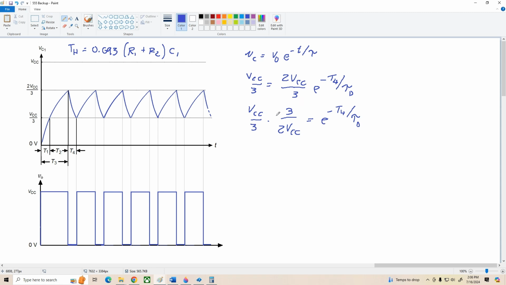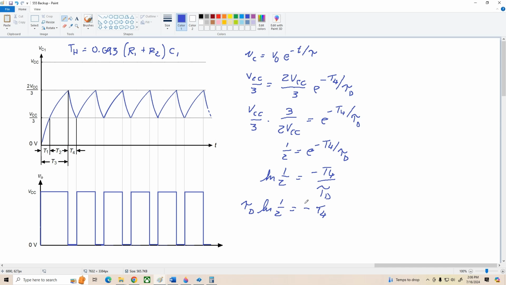All right, now we're going to cancel the 3's and the VCC, and that gives us 1/2 equals e to the negative t4 over the discharge time constant. Taking the log of both sides, natural log of 1/2 equals negative t4 over tau sub d. Multiplying by tau sub d, tau d times the log of 1/2 equals negative t sub 4.